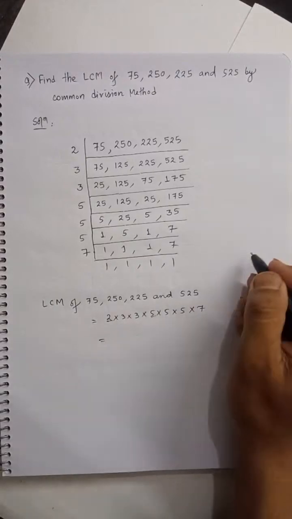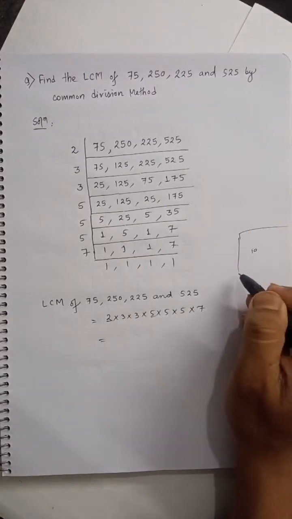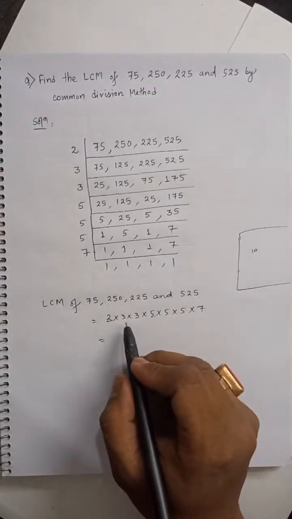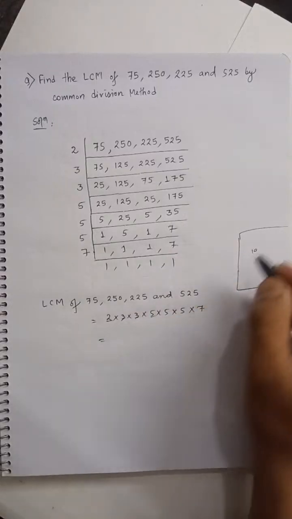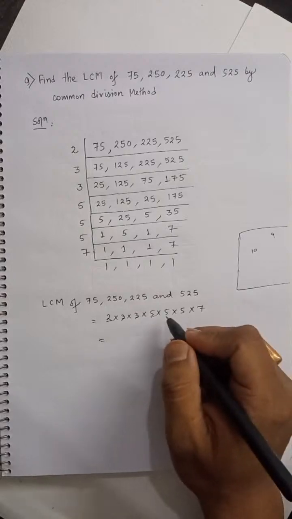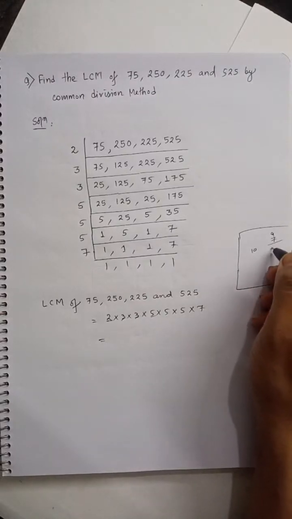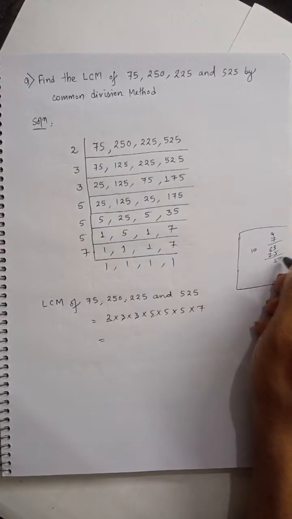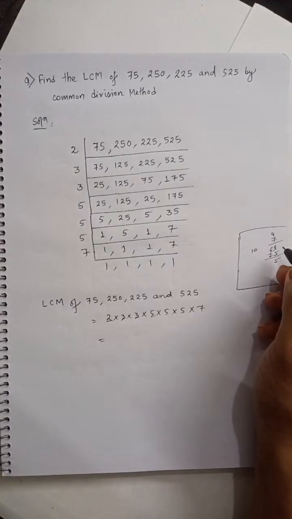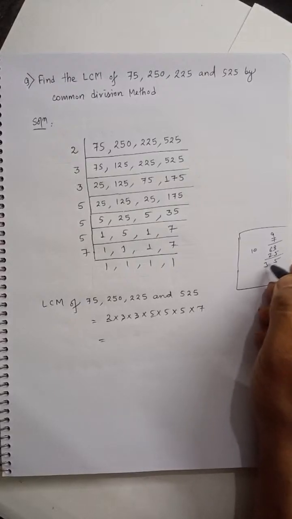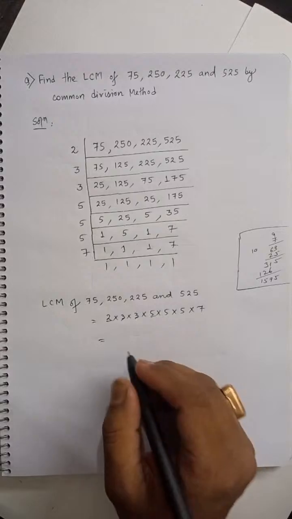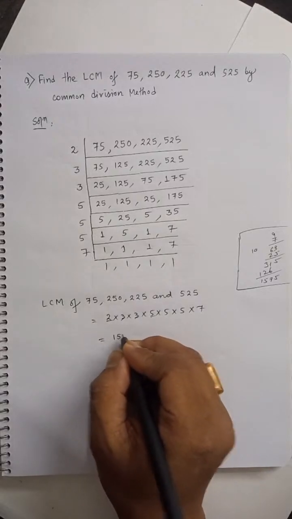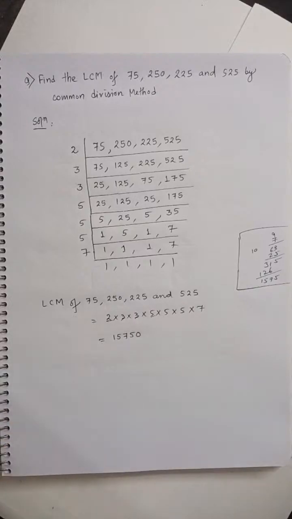So this is a rough calculation, okay? So our LCM is 15,750.